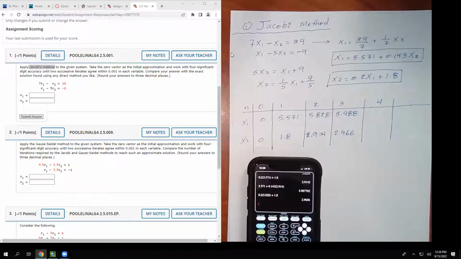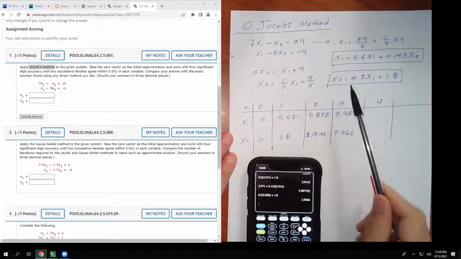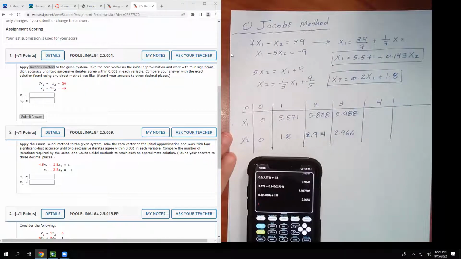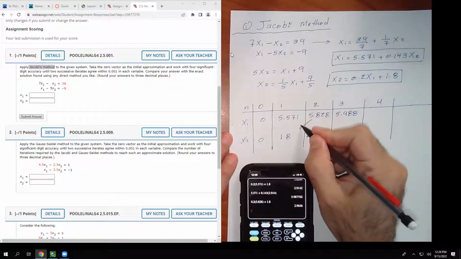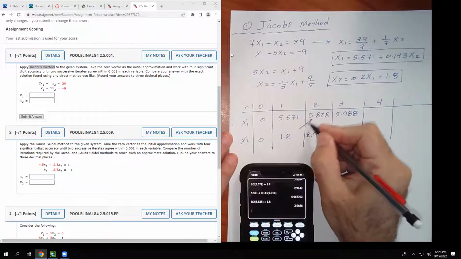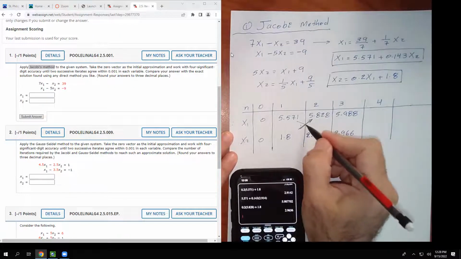That means when you need to find x1 and x2, to find x1, you're going to use the value of x2, and to find x2, you're going to use the value of x1.